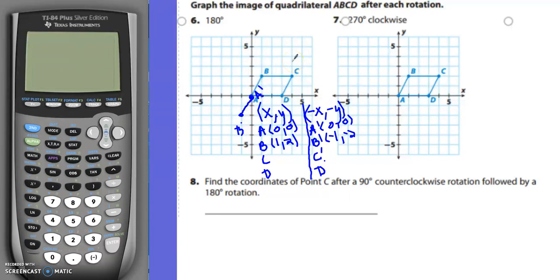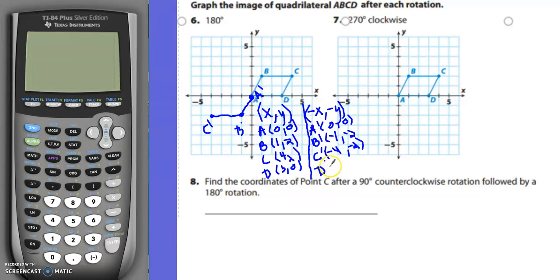Okay, C is going to be labeled by the ordered pair 4, 2. So that is going to be opposite of 4 is -4. Opposite of 2 is -2. So we go over 1, 2, 3, 4, down 1, 2. We'll call this C prime. And then lastly, D is 3, 0.